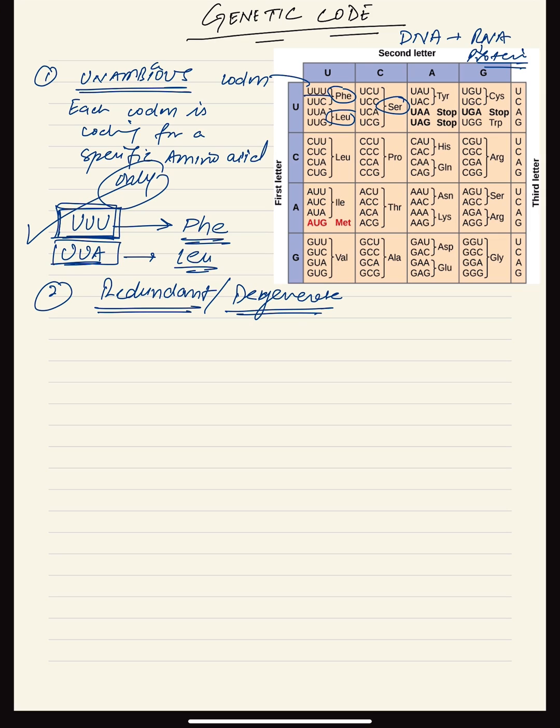Redundancy means that when we discuss that each codon is coding for a specific amino acid, meaning one codon is for a single amino acid, but each amino acid is coded by multiple codons.